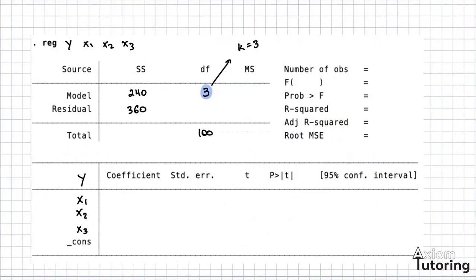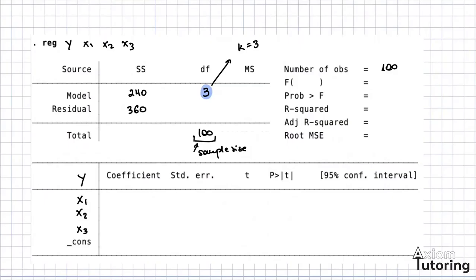So degrees of freedom 3, and we have the total 100. Keep in mind, this total of 100 is literally your sample size. So if you have to fill in the number of observations, the 100 would show in there as well. What does that mean for the degrees of freedom of the residual?